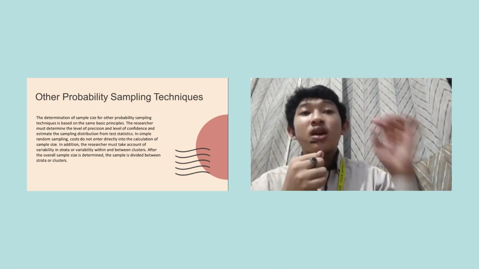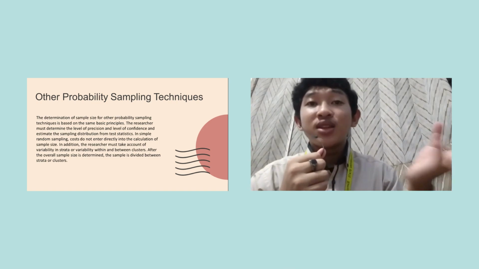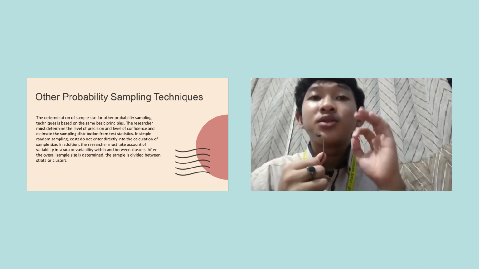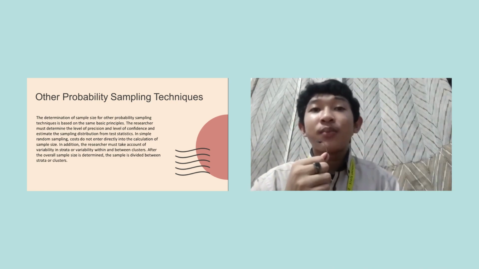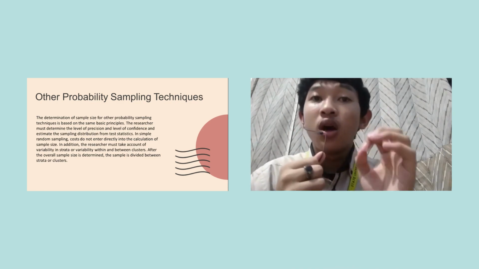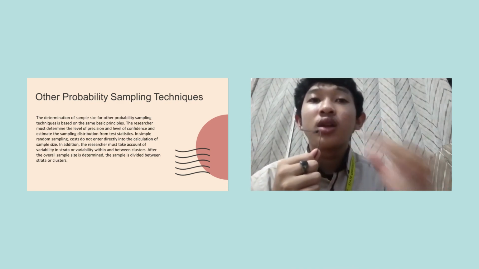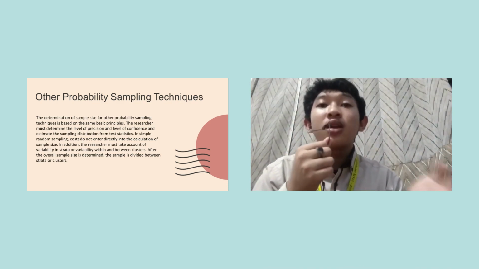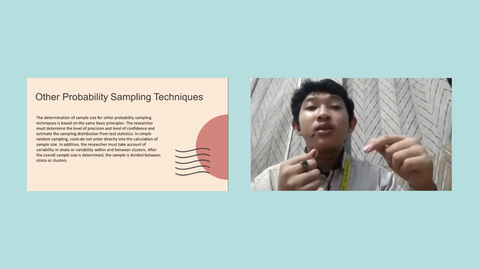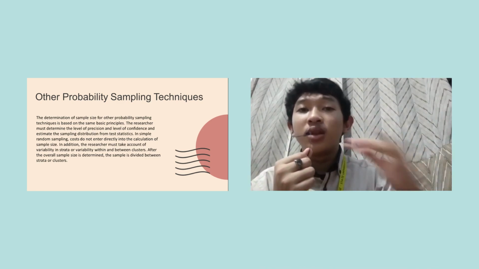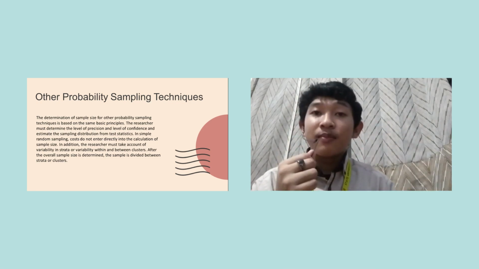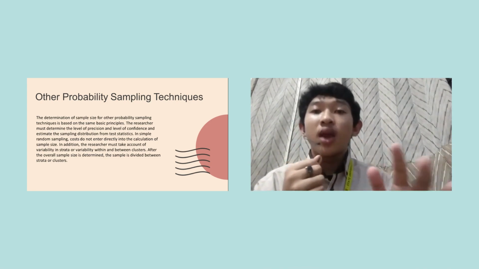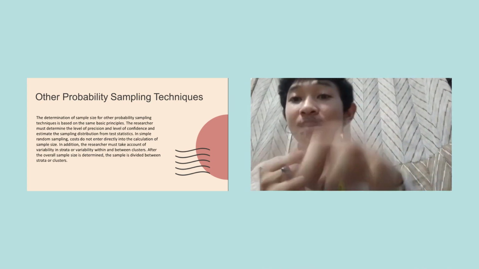The researchers must determine the level of precision and level of confidence and estimate the sampling distribution of the test statistic. In simple random sampling, costs don't enter directly into the calculation of sample size. In addition, the researcher must take account of variability in strata or variability within and between clusters. After the overall sample size is determined, the sample is divided between strata or clusters.